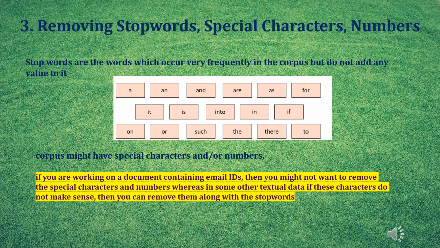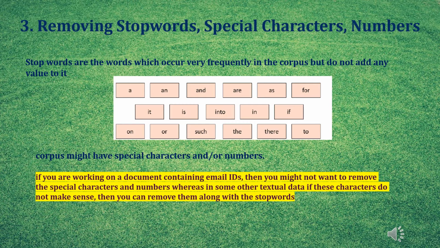Hence, they come under stop words. Some examples are a, and, are, as, for, it, is, into, in, if, on, or, such, the, they, to. These words occur the most in any given corpus but talk very little or nothing about the context or the meaning of it.